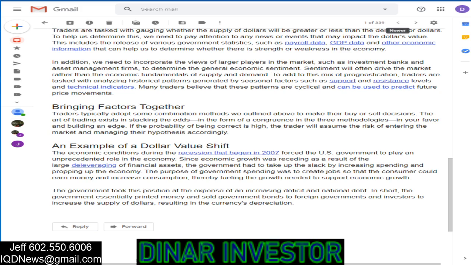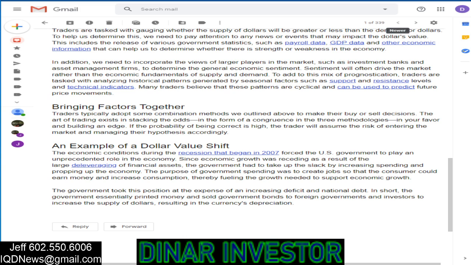The government had to take up the slack by increasing spending and propping up the economy. The purpose of government spending was to create the jobs so that the consumer could earn money and increase consumption, thereby fueling the economy needed to support growth.